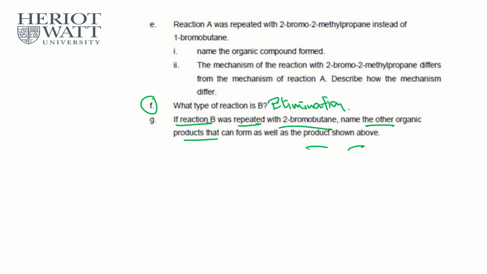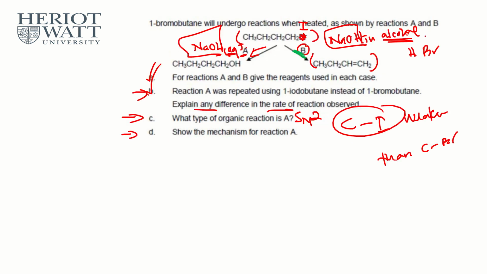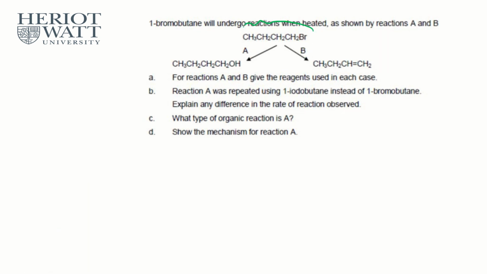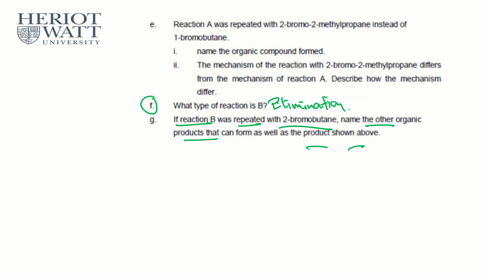So if it is not bromobutane or 1-bromobutane, and instead they use 2-bromobutane, what would be the products formed in this case? All right, under reaction B.